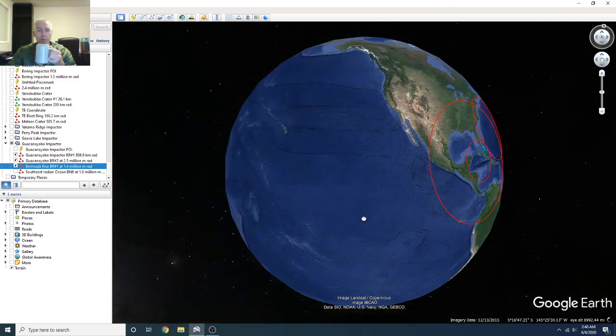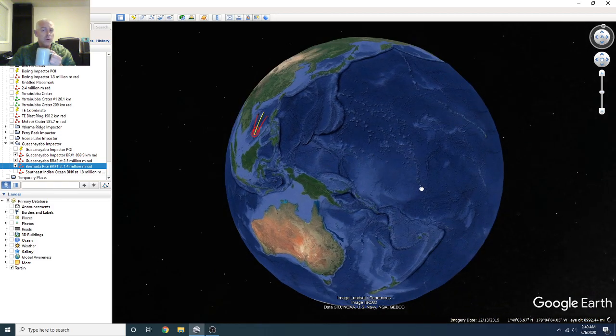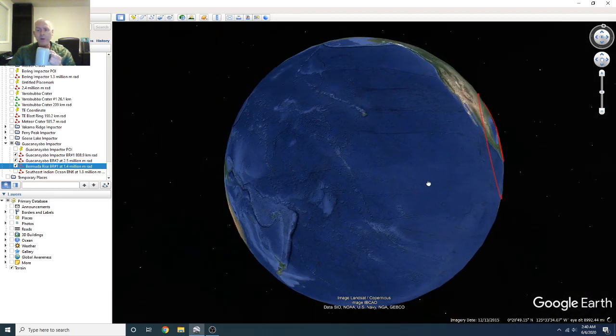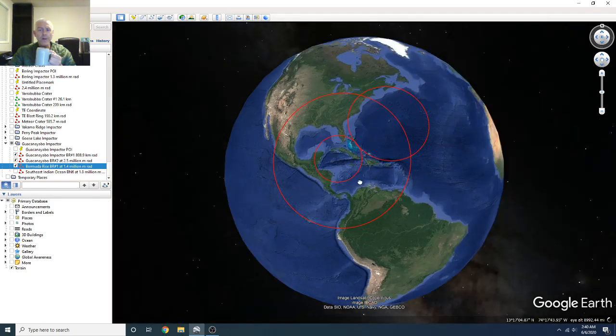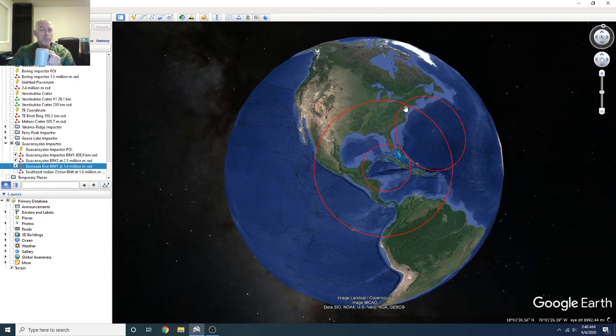Because you could see, if we go over here to South China Sea, you look how small that footprint is and how huge that vortex is. Now you come over here and you think in terms of ratio and you imagine that this is just a zoomed in view of the South China Sea, then you can see how I would be expecting to be able to find a blast ring out here.